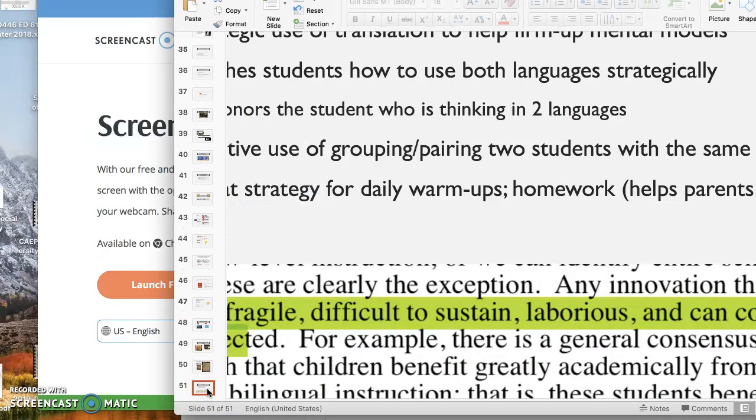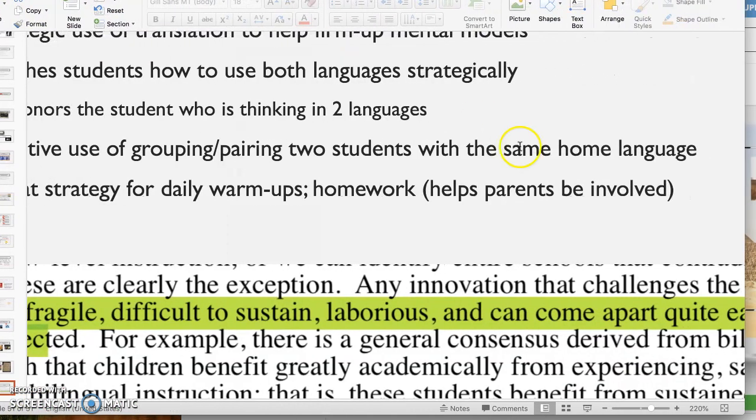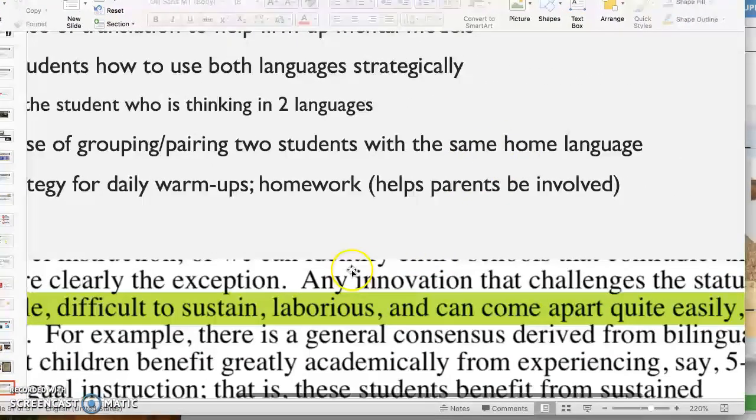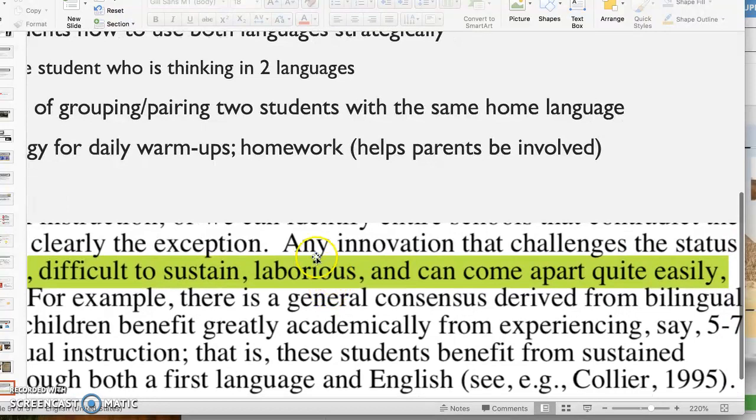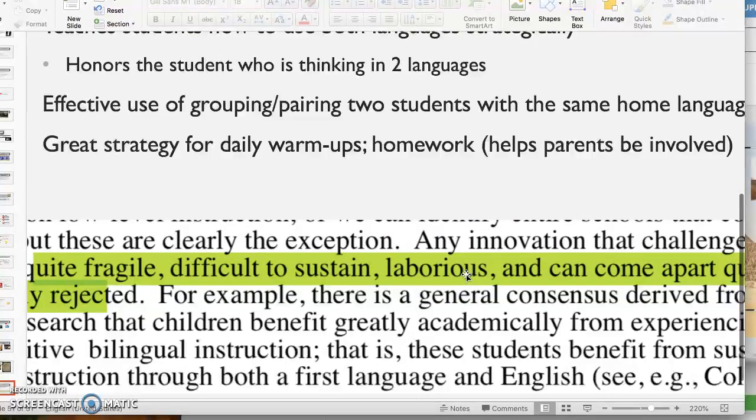So as you might have seen in the Louis Smol article from Module 3, any innovation like switching to standard American English with high levels of expectations for academic discourse using standard American English would be an example of an innovation that challenges the status quo, which makes learners feel fragile.